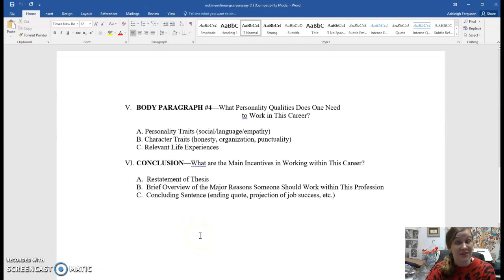And remember, in your conclusion, really emphasize again what are the major advantages or reasons to go into this. And you can also be very credible in showing the reader some disadvantages. Like if someone's going into the medical field and they're going to be a particular type of surgeon or doctor, there are some sacrifices that have to be made.